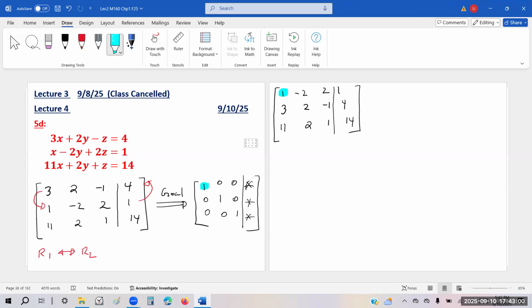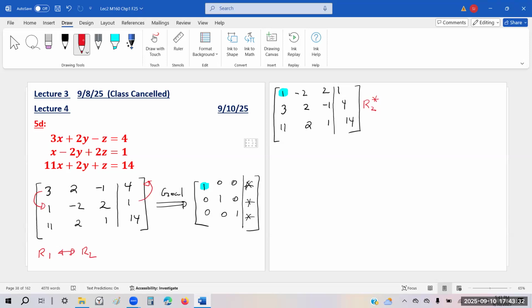The next thing we want to do is erase the 3 and make it 0. Any suggestion, how can I make 3 into 0? Let me do the first step for you, no problem. So we are going to switch row 2. The new row, different people use different notation. Some people use new row 2 as row 2 star, meaning this is going to be the new row 2.